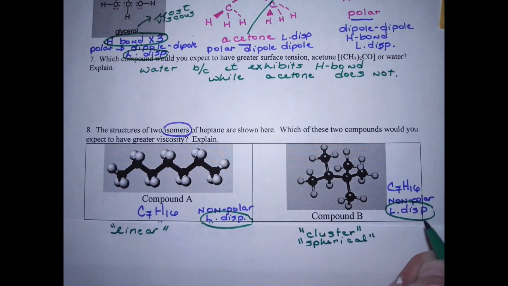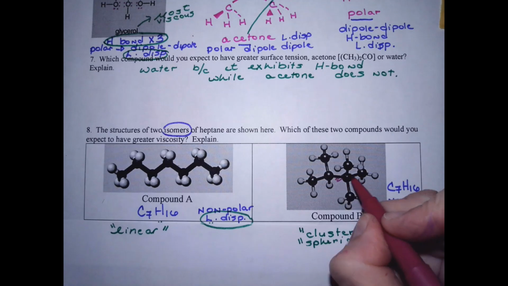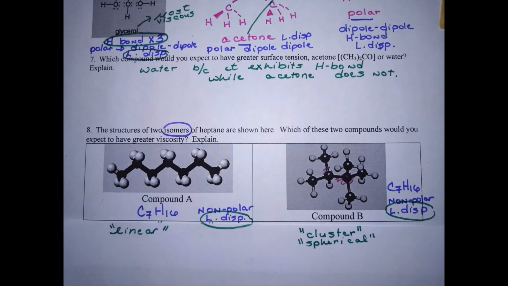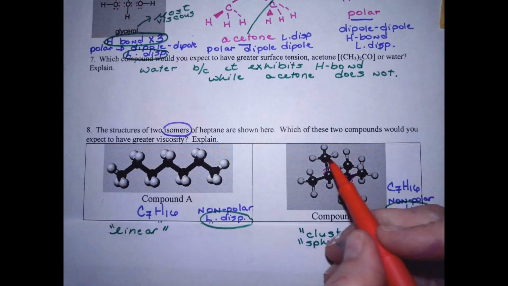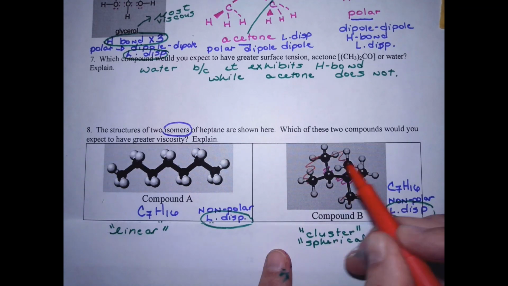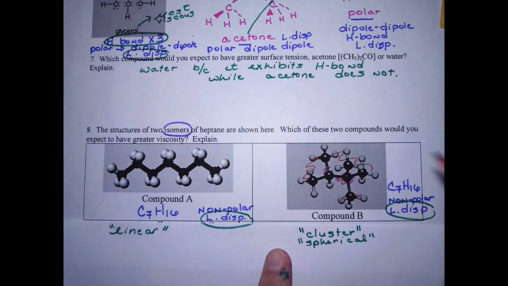I discussed this briefly in another video, but these electrons in the middle here, and maybe some of these electrons over here, since there's another methyl group, don't get to participate as readily or as easily in the temporary dipoles because they're hidden by the other electrons in the molecule. So these electrons on the outside get to do their thing and create those temporary dipoles, but these hidden electrons, not so much.